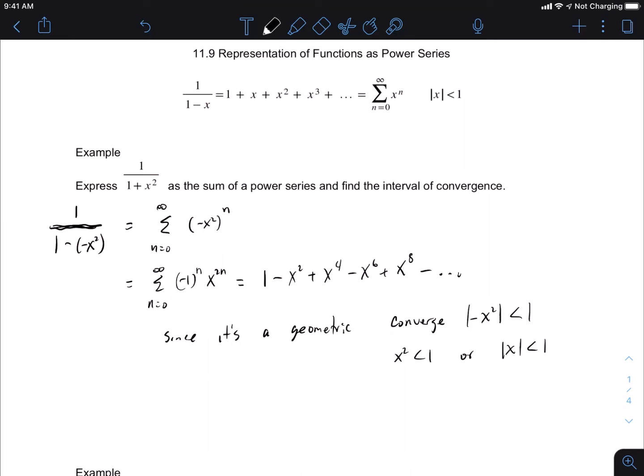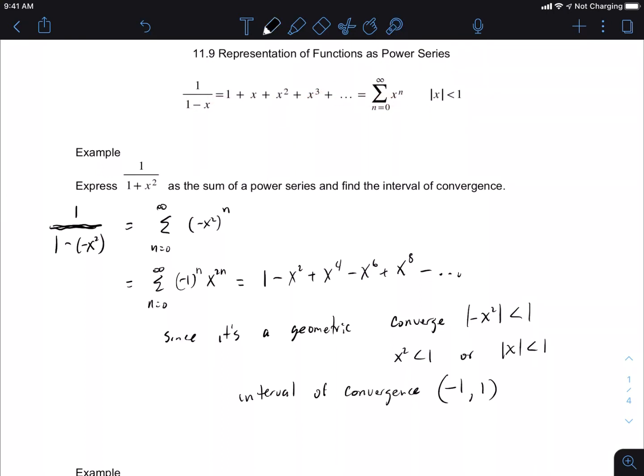So the interval of convergence for this problem is going to be from negative 1 to 1. All right, so it ends up having the same convergence as the original function. And then we're going to be using this same strategy to manipulate problems as we go. Okay, so remember this whole thing here.